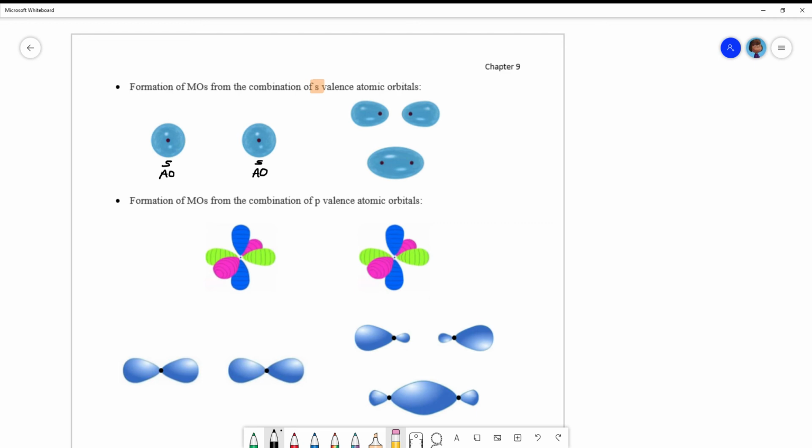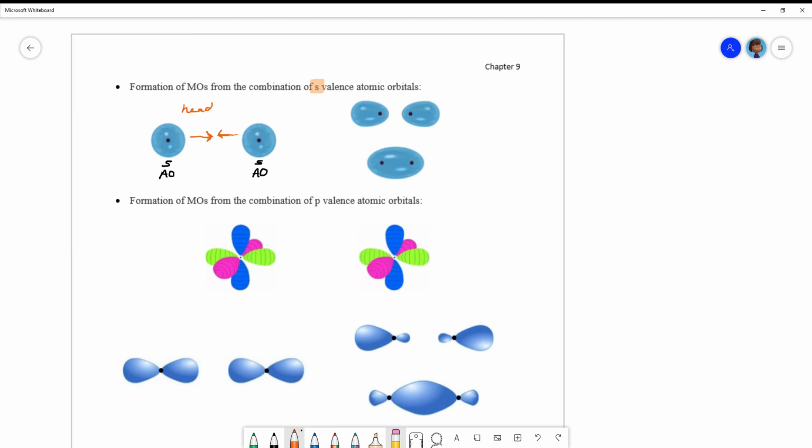Now let's suppose two atoms are going to bond. Well, their s orbitals are going to combine together. Now let's note in this particular example that the s orbital and the other s orbital are approaching each other in a classic head-to-head configuration.